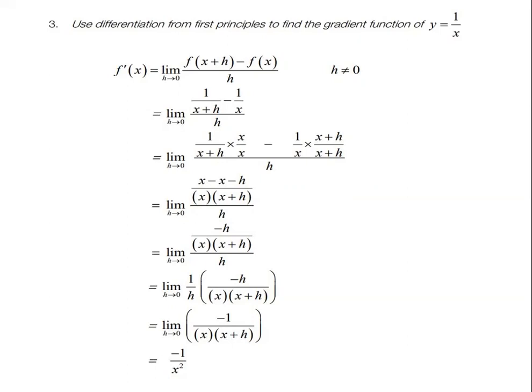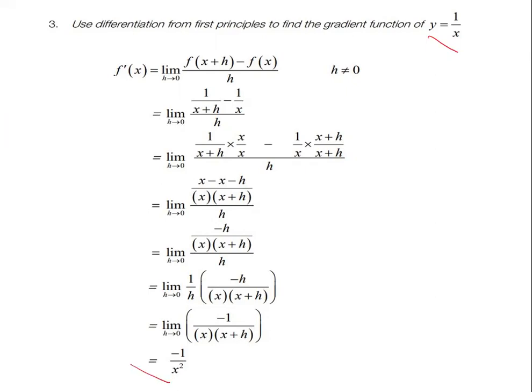So this numerator minus that will give you that up there. It simplifies to give you this. This will cancel with that here, and you end up with this. As h tends to 0 now, this whole expression becomes this here. And therefore, when you differentiate this, you get that.